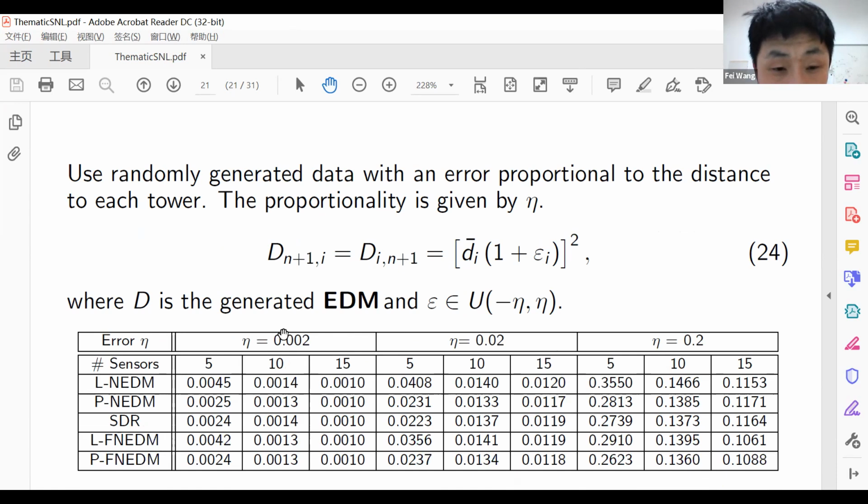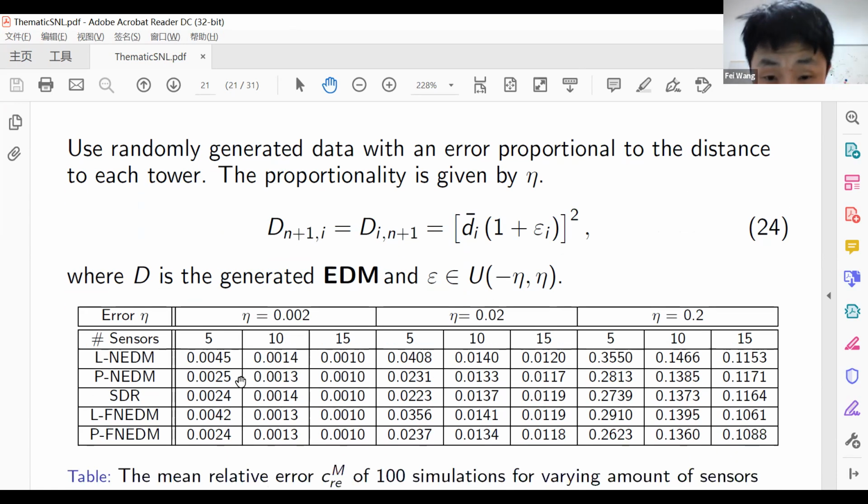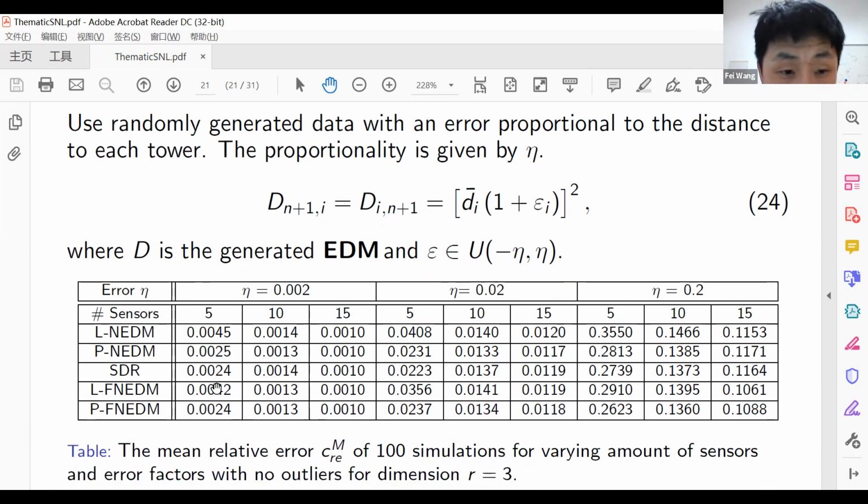With different error proportionality, here is the numerical result. The first column is eta, and the second column is the number of sensors, and we report the error in each column.